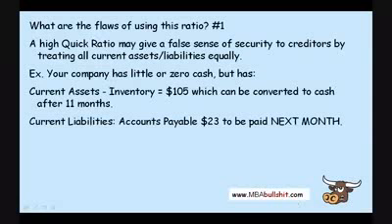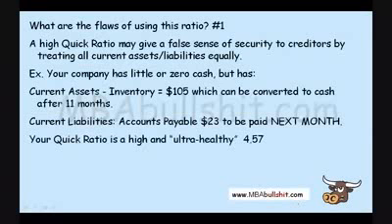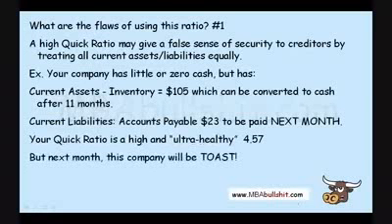But you also have accounts payable in the amount of $23 to be paid next month. Okay? So your quick ratio is a very high and ultra healthy 4.57. But next month your company will be toast. Why?